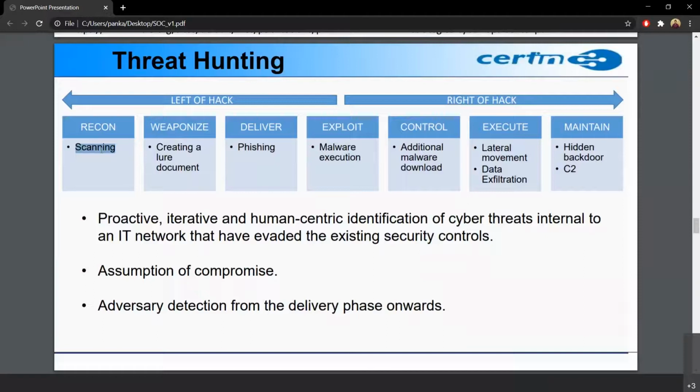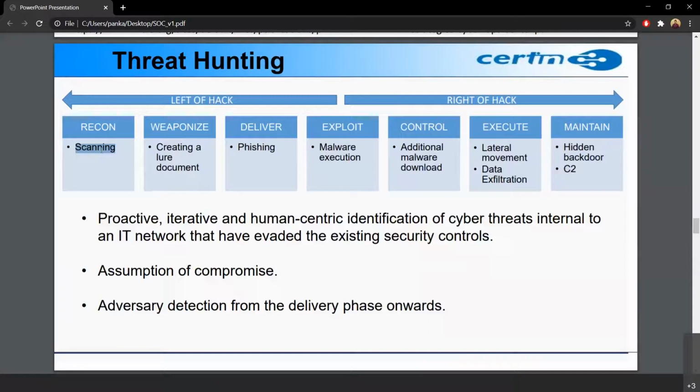Then the second step is weaponizing. So the attacker creates a lure document. You must have heard about the phishing emails that come with attachments. We are told not to click those attachments because they are basically malware samples, and they create a lure document.